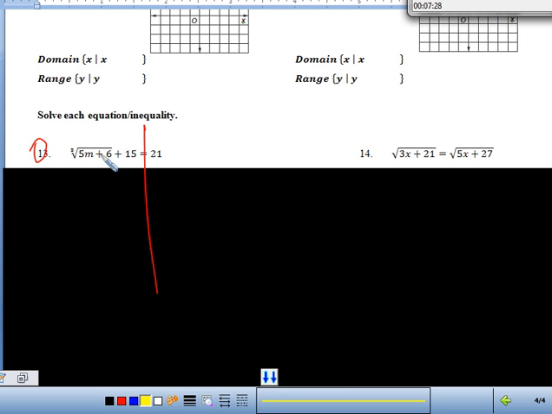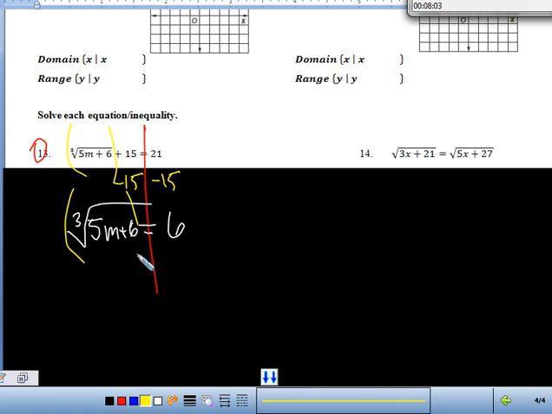First rule when dealing with radicals or absolute values, I need to isolate this quantity here. So to do that, I get rid of this 15 first, and I do the opposite, so I'm going to subtract it from both sides. So when I do that, I'm now left with the cube root of 5m plus 6 equals 21 less 15 is 6.